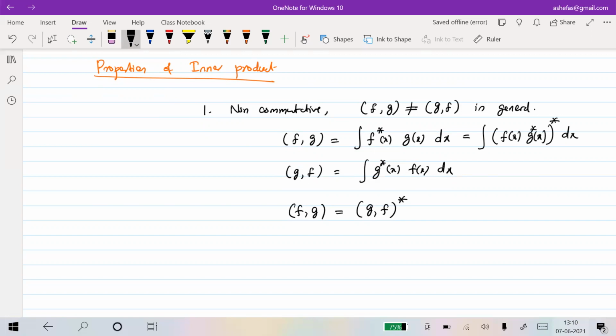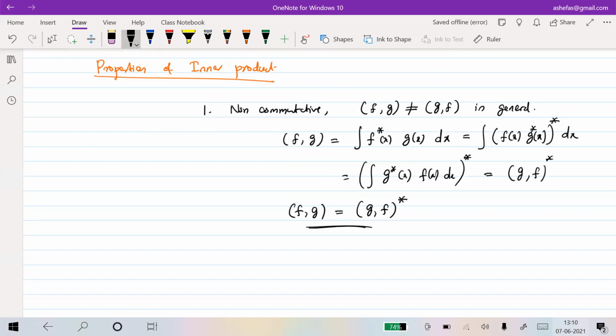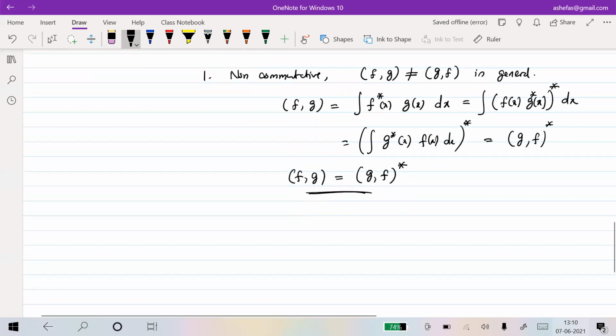So that would be f star of x g of x. So this is equal to the integral of g star of x f of x dx, or the complex conjugate, and that is nothing but the inner product (g, f) complex conjugate. So the inner product is in general non-commutative.